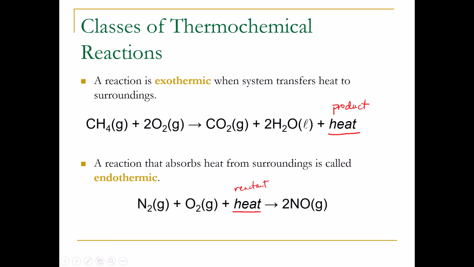Heat has to go in order for the reaction to occur at all. So that's one way we can write the reaction, where we have our balanced equation and we just put heat as a reactant or a product to indicate endothermic or exothermic. You would also see it potentially written as the actual number, plus 100 kilojoules of heat. We'll talk about the number in a minute, but that's another way you might see it.